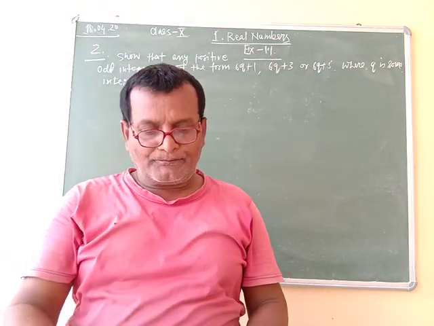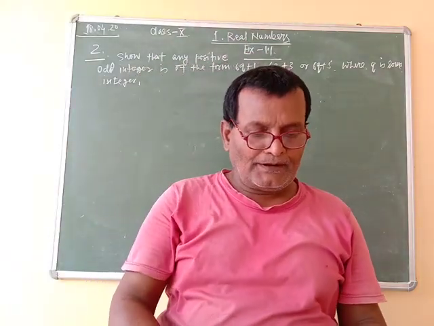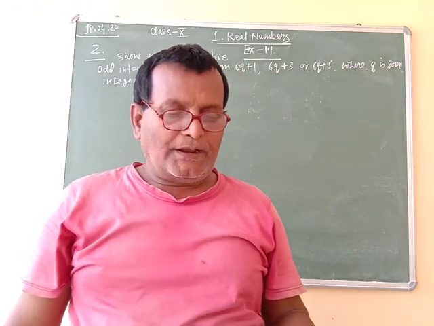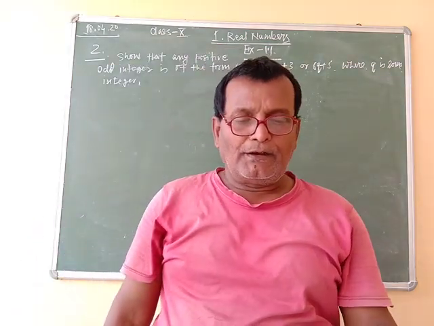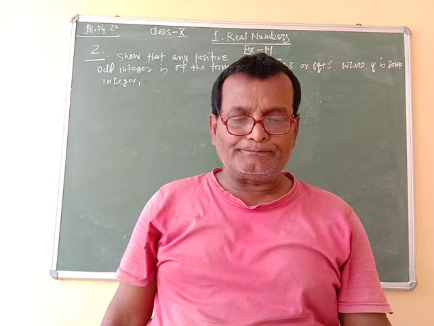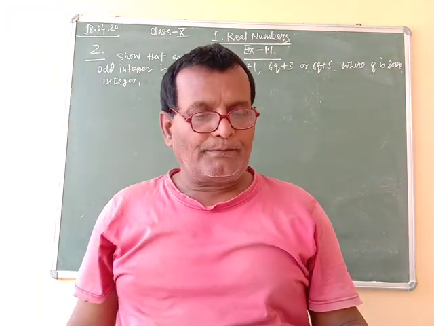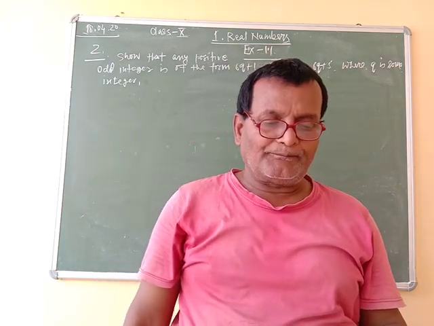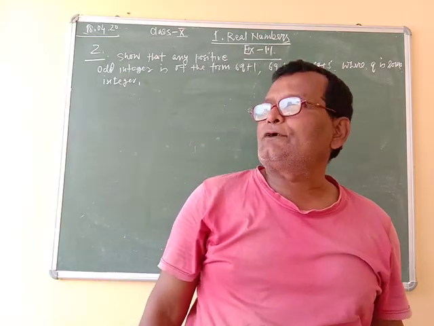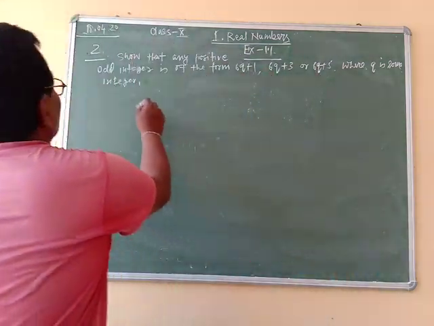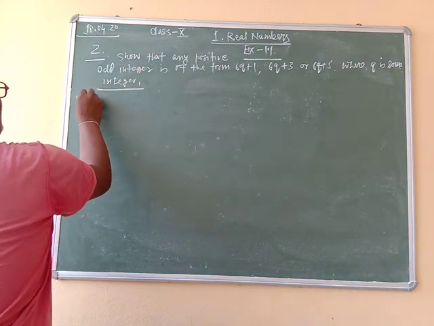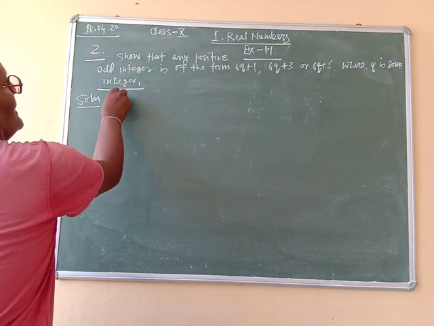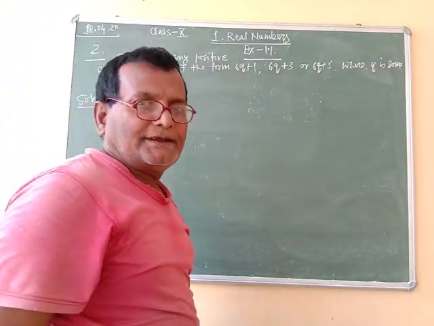We use Euclid's division lemma to divide a positive odd integer a by b. To solve this problem, we take any positive integer.